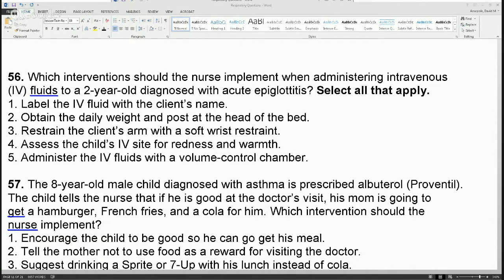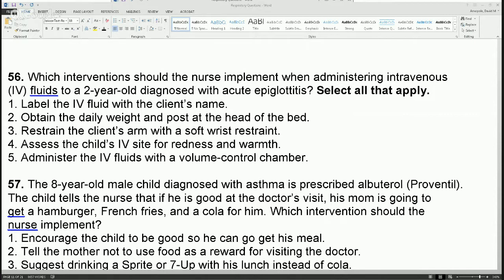Obtain daily weight and post at the head of the bed. 2-year-old. I don't know about that. I know you don't restrain. Assess the child's IV site. Yeah. Administer IV fluids with a volume control chamber. Yeah. Post the weight at the head of the bed. I don't see what.